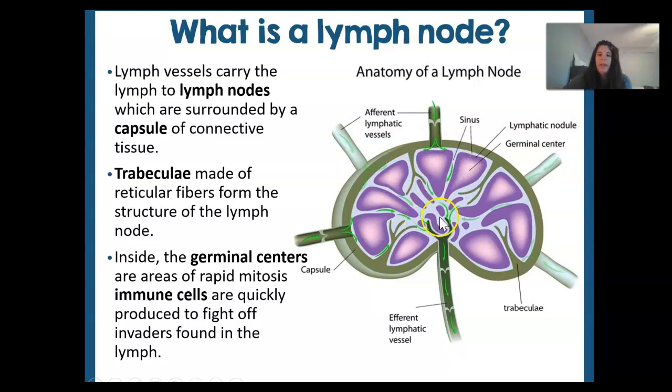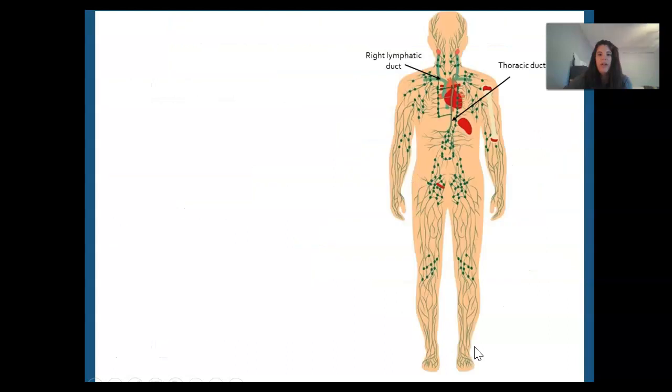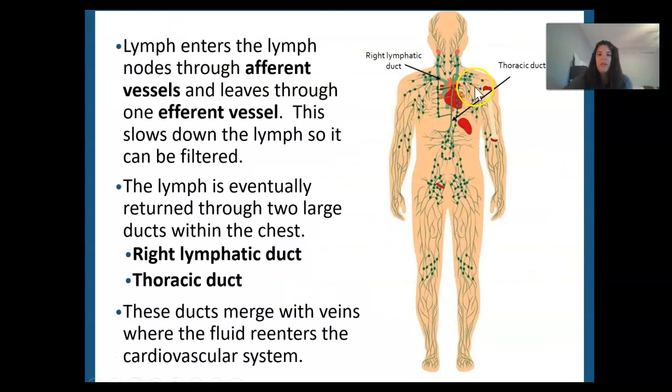Lymphocytes and monocytes are being made, and then it'll circulate through and exit out here, the efferent lymphatic vessels, and then these efferent lymphatic vessels will eventually merge with veins in your right lymphatic duct, and then a vein in your thoracic duct, and deliver that back into the circulatory system. So then those lymphocytes and those monocytes can be traveling through the circulatory system to help fight infection, which is what we want them to do.